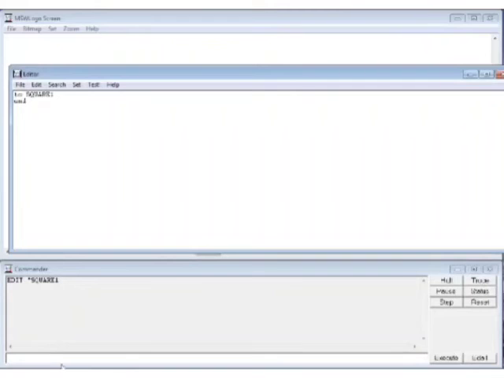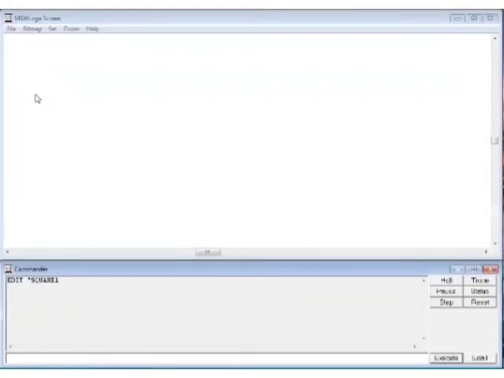Now position the cursor at the end of the first line and press enter. Here, type the commands to be included as a part of the procedure. That is, to draw a square, we will write repeat 4 FD 50 RT 90. Click on File and Save and Exit.